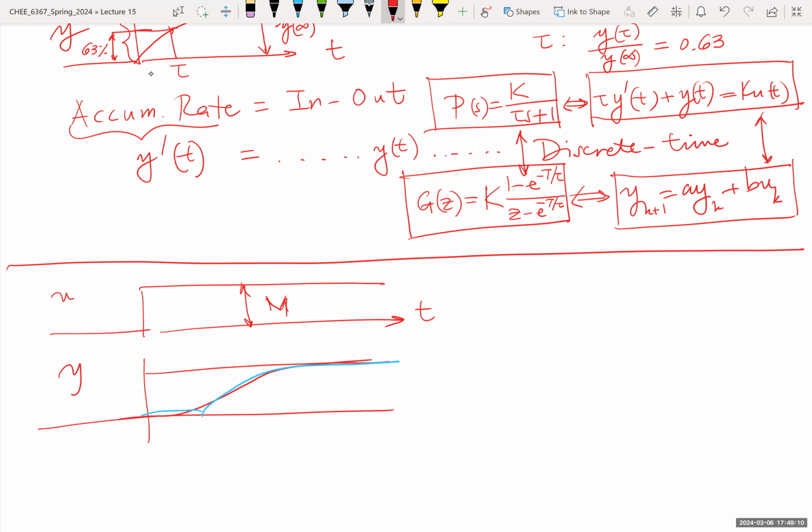You have explained how we can get a model of the form, again, P of s is equal to K over (tau s plus 1) as before, except now we have a delay term. This is what we add to the previous one. And from these, we have already explained how you can get a corresponding function in the z domain, how you can get a differential equation.